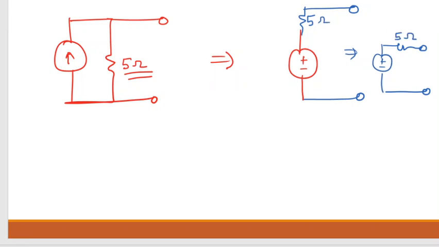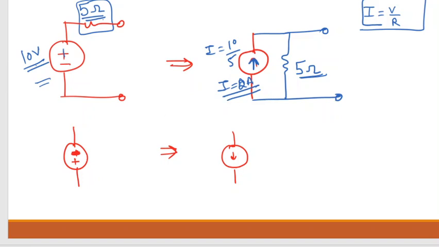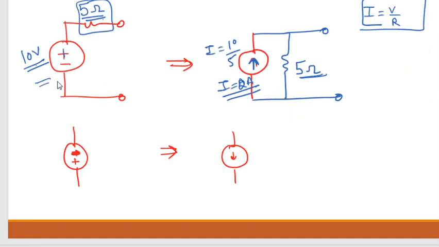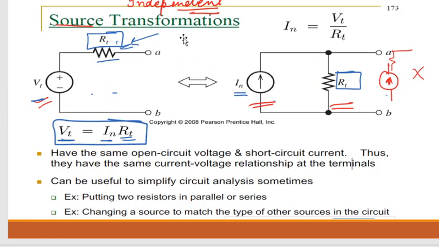Now I am taking the same value, 2 ampere, and here we need to get the value for voltage. According to Ohm's law, V is equal to I times R. I is 2, resistance is 5, so voltage will be 10 volt.